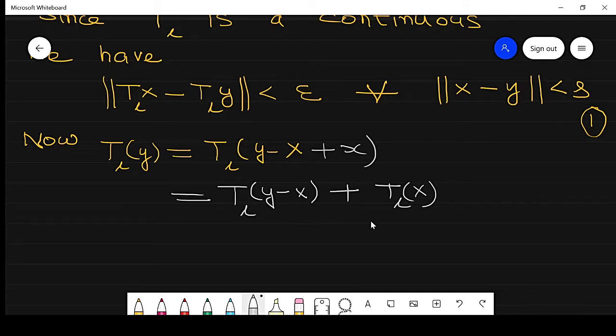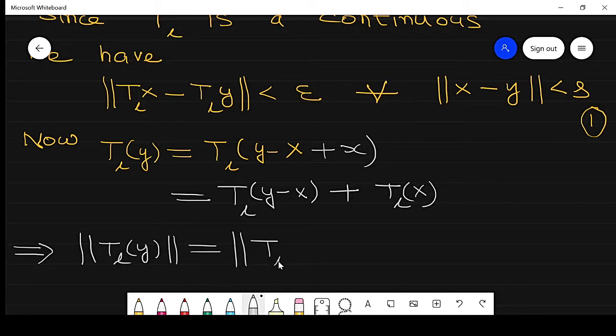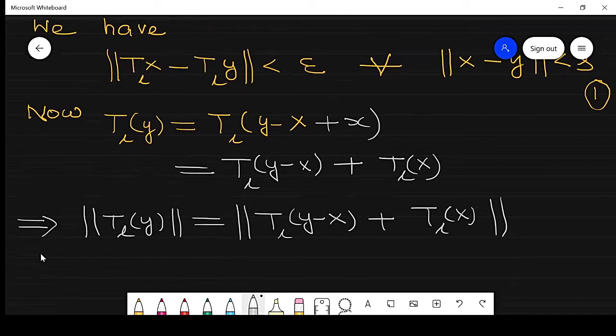So from this, the norm of Tiy is equal to the norm of Ti(y minus x) plus Ti(x).